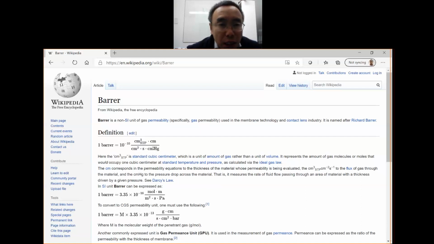This centimeter mercury is the pressure, and if you divide it by centimeter, it becomes the pressure gradient. So the driving force for this permeability is the pressure gradient, that means cmHg over cm. This is used for contact lenses and membrane technology.